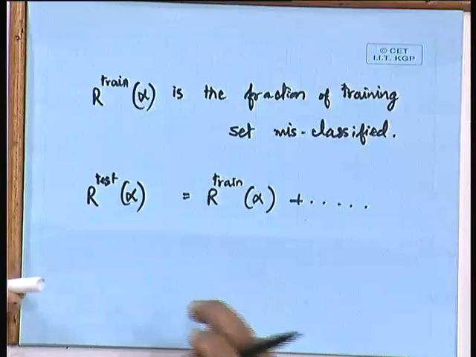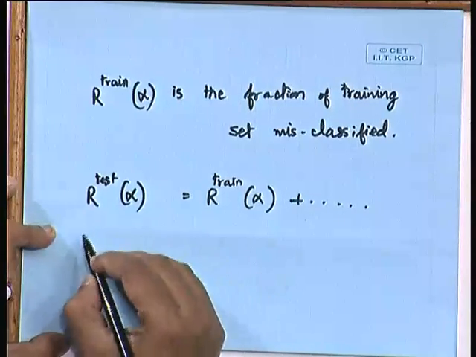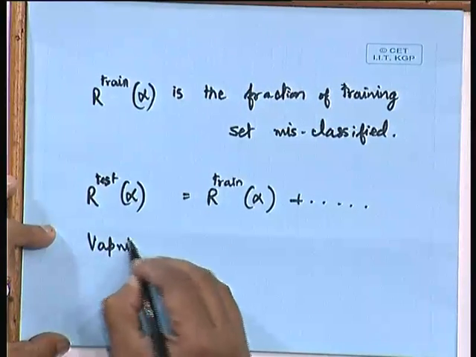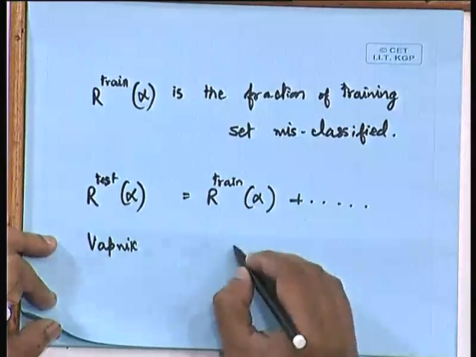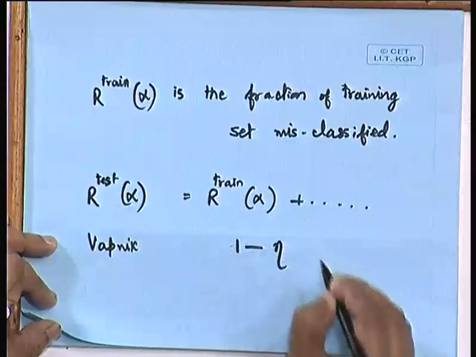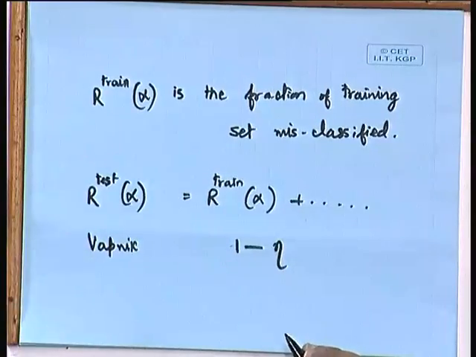We do not know, but actually it is Vapnik who has shown analytically, with a probability of 1 minus eta, one very interesting result. Eta in this case should not be confused with the learning rate; it is some constant. That is what I am presenting to you, because the whole concept of VC dimension actually originated from that.